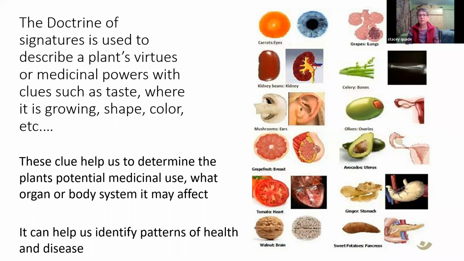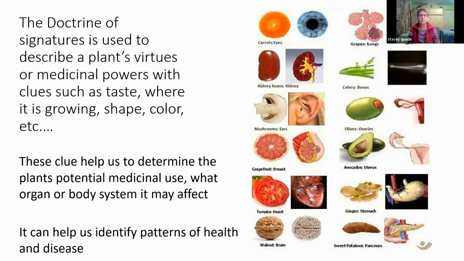The Doctrine of Signatures is used to describe a plant's virtues or medicinal powers with clues such as how it tastes or where it grows or the shape it is or the color of parts of the plant or the whole plant. It can also be things like the direction of growth and how it's rooted in the ground, for instance. And we're going to talk more about those details as we go through.